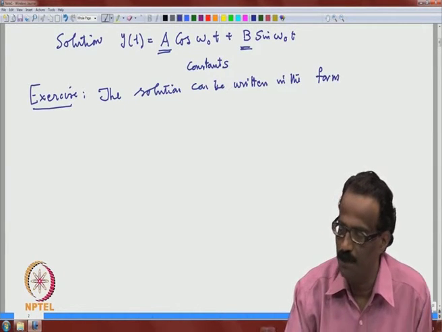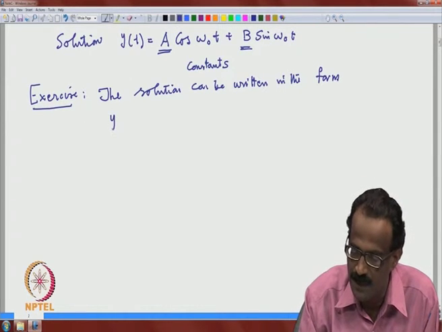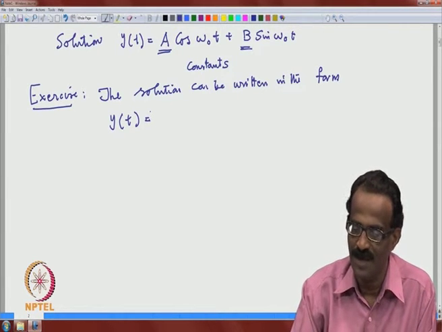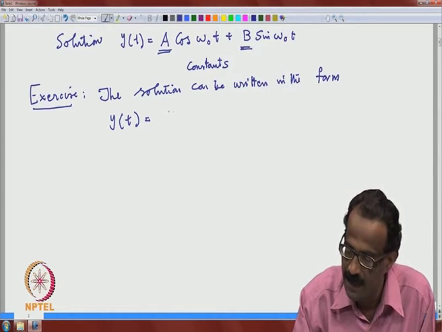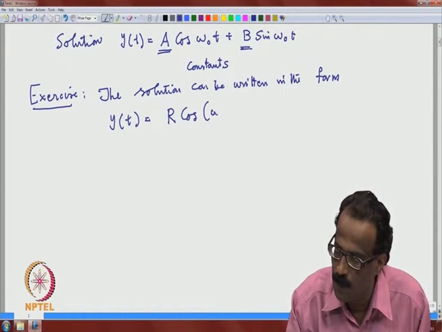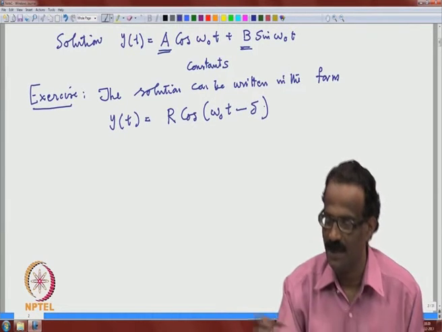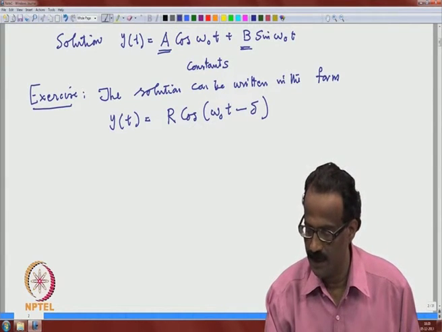You just do a bit of computation, and you write the solution in this form. This gives a better understanding in physics. You can write r cos(omega naught t minus delta), after a bit of computation in trigonometry.